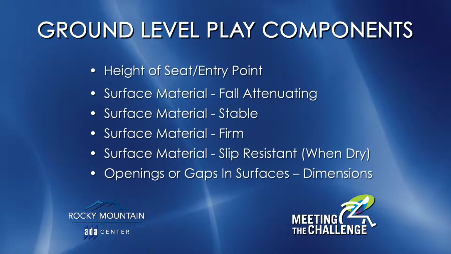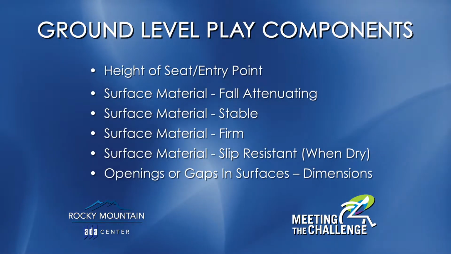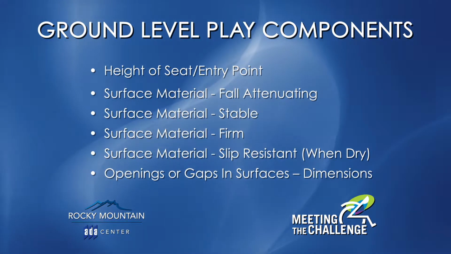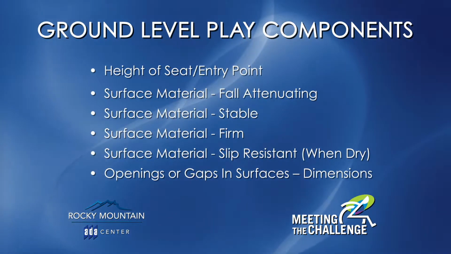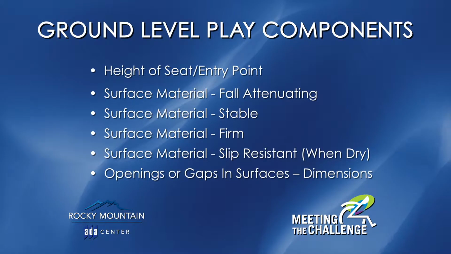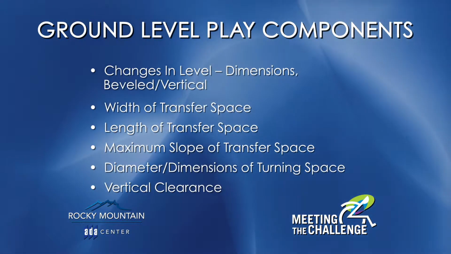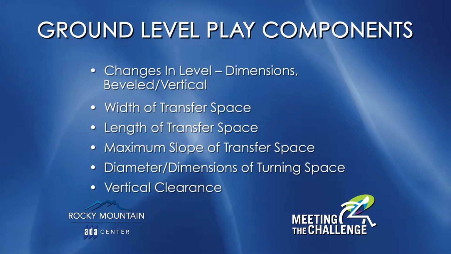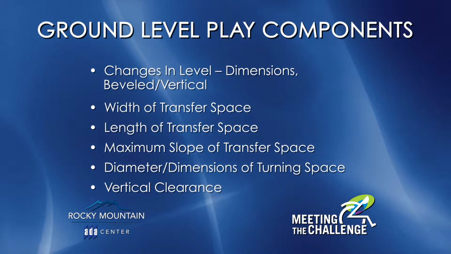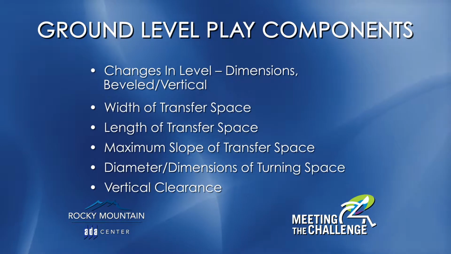For those that are, the attributes that must be observed or measured include height of seat entry point, surface material, fall attenuating surface material, stable surface material, firm surface material, slip resistant surface material, openings or gaps in surfaces, changes in level, width of transfer space, length of transfer space, maximum slope of transfer space, diameter dimensions of turning space, vertical clearance.